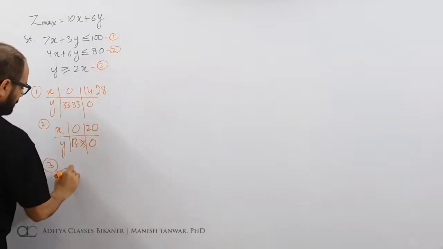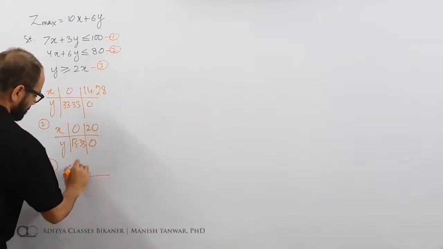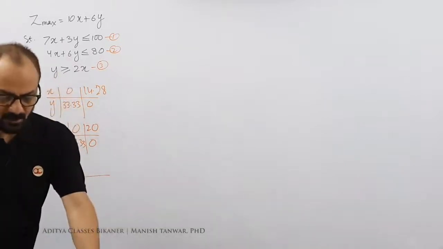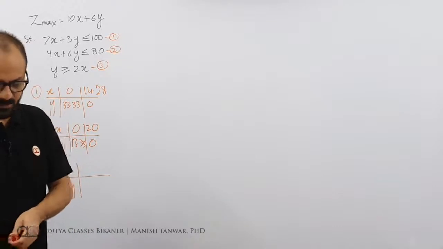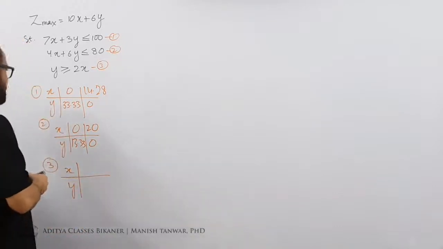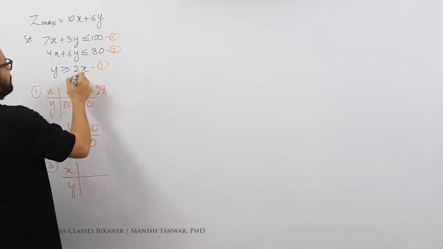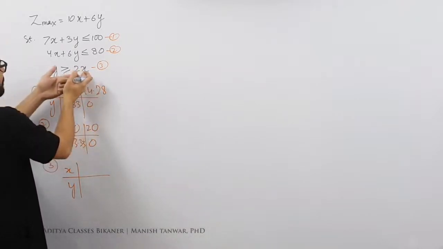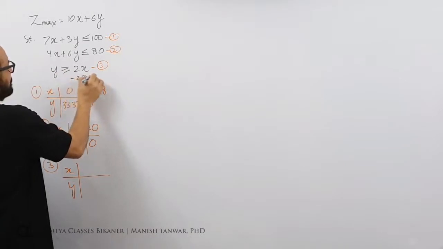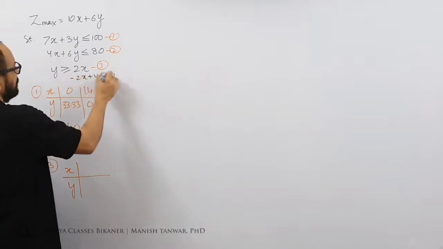The third constraint would give me points as this one. We checked that this constraint cannot be solved in its present state. We need to convert it into some feasible state. You can bring it over here. So let us say it becomes minus 2x plus y greater than equal to 0.